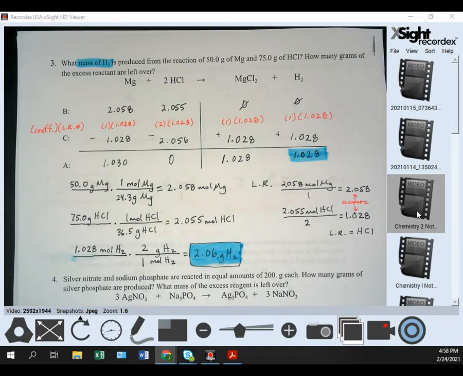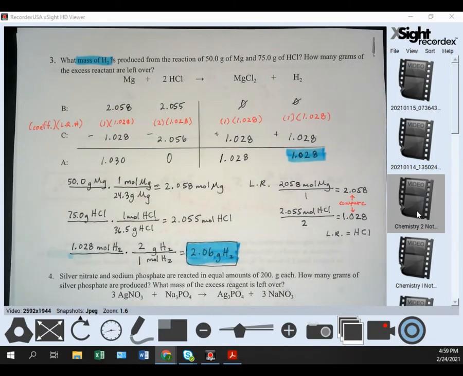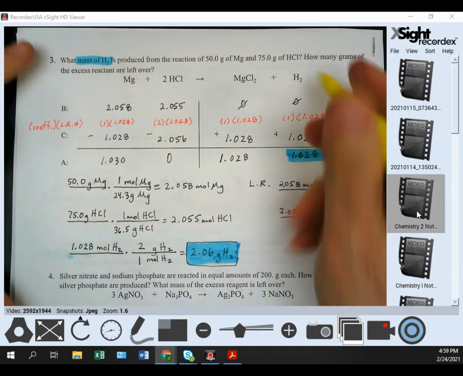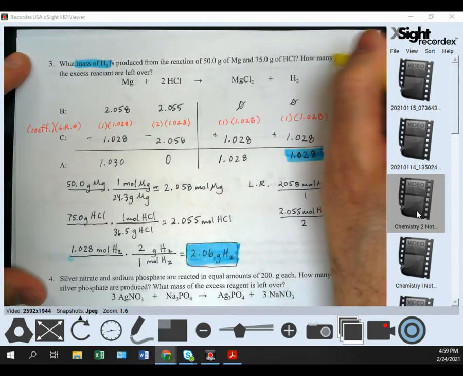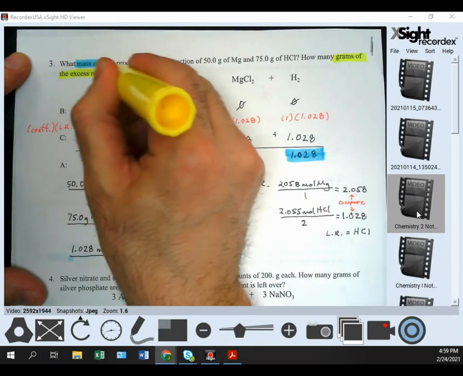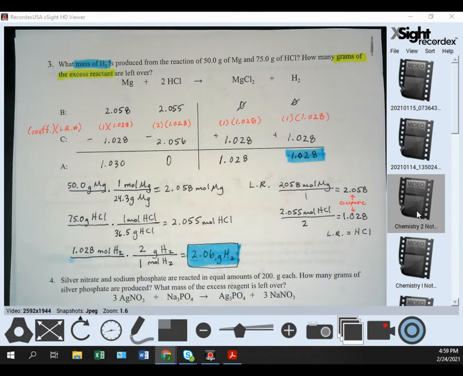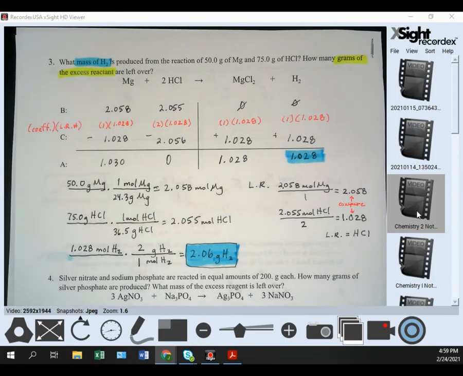We're not done yet. Close, but all right. We had another part of this, which was how many grams of the excess reactant are left over. Okay, so what does excess reactant mean?